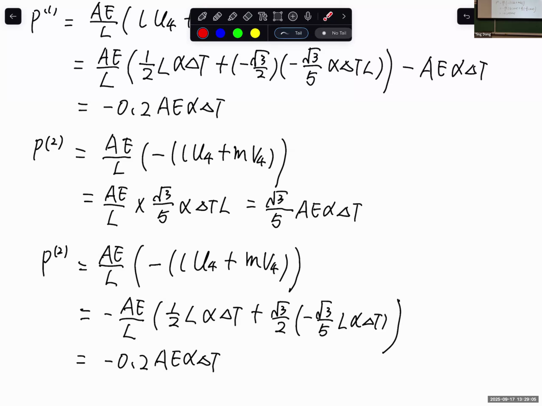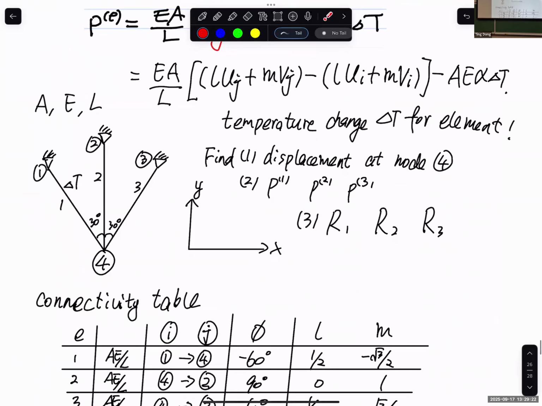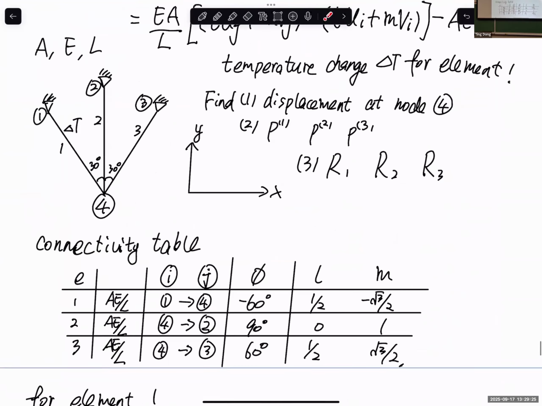So if we understand this part, we don't need to do any extra calculation. Just by understanding that the internal force of an element is always equal to the force applied at node J. And here, let's say for element 1, since we define it from 1, 2, 4, this is node I, this is node J. So we can say that the element force is always equal to the nodal force applied at node 4 and opposite sign at node 1.